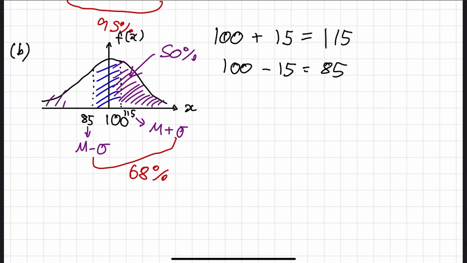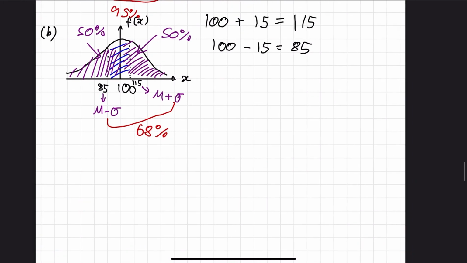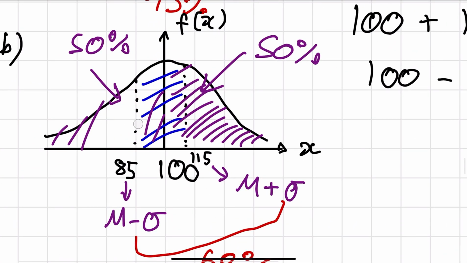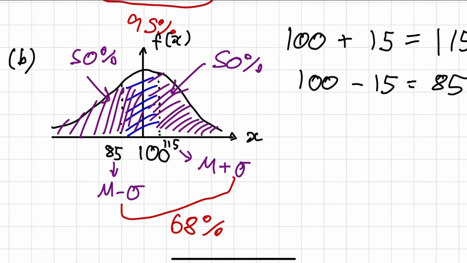And on the left side, this area here is also 50%. And another thing I know, I'm probably going to have to rub out some things, is, no, I'll just keep it all there. Because this part here, the blue bit, is 68% of the data.